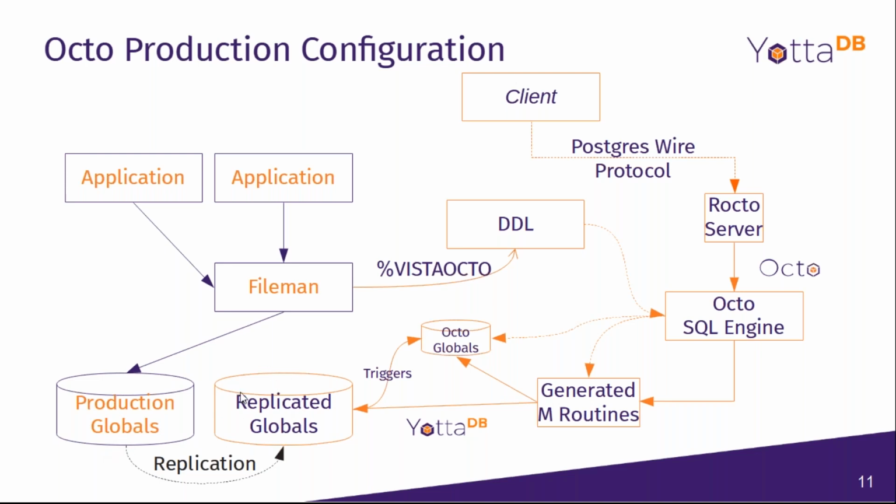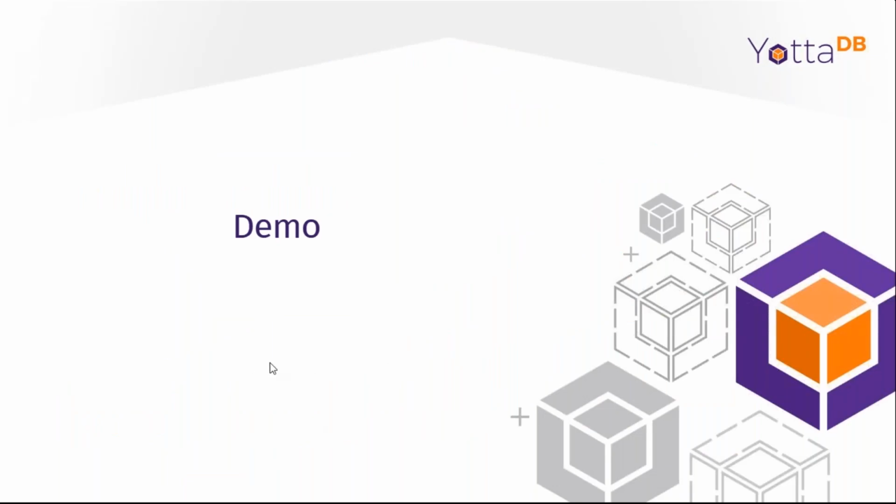It gets replicated down here to a replicated instance, and you run on that one. You run this program, and this produces a DDL which you load into Octo, and then from there you use a client to talk to the replicated global instance directly. That's pretty much how it works. Now I'm going to show you a quick demo.